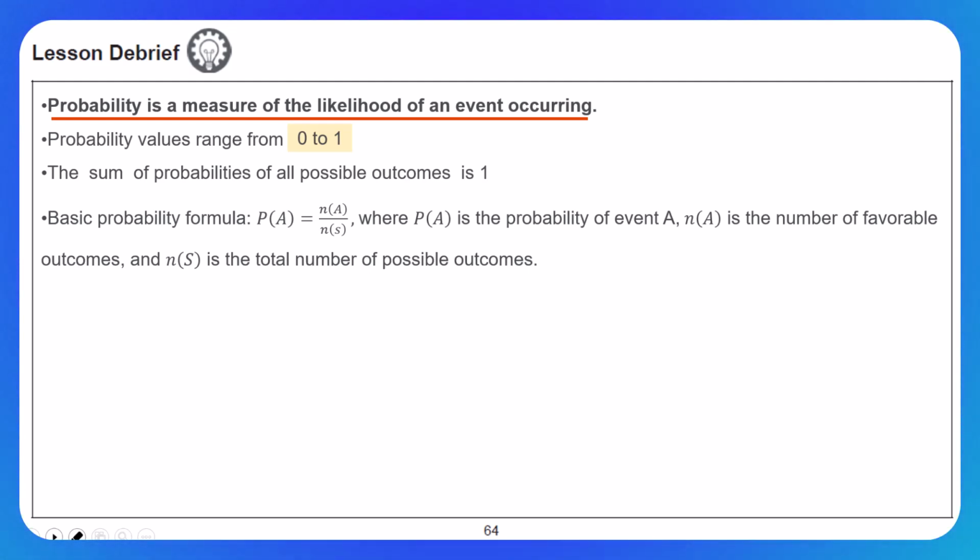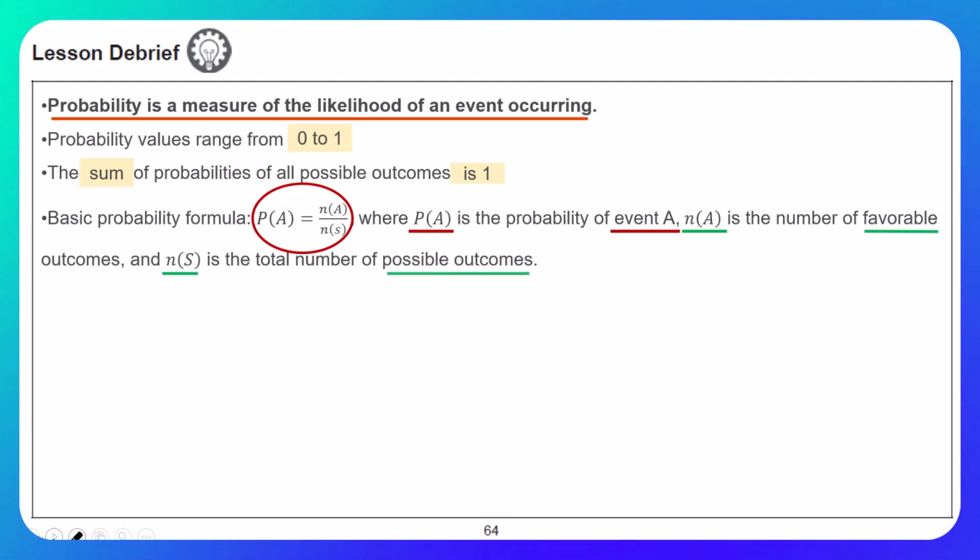The sum of all the probabilities in an event total to 1. The basic probability formula is P of A, where P of A is the probability of event A, is N of A, the number of favorable outcomes, over N of S, the number of total possible outcomes.